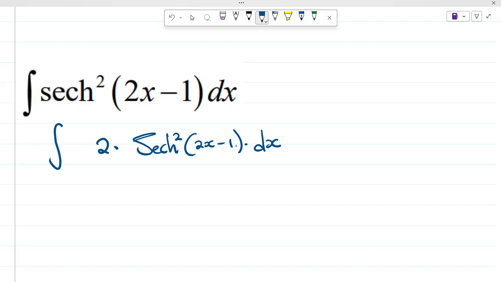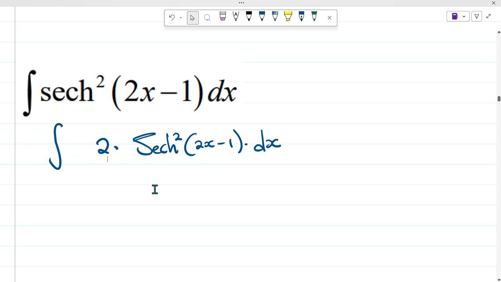Remember, that's the procedure for integrating hyperbolic functions: you first make sure that next to that hyperbolic function you have the derivative of the argument. The argument for this case is 2x minus 1. When we differentiate 2x minus 1, we get 2.